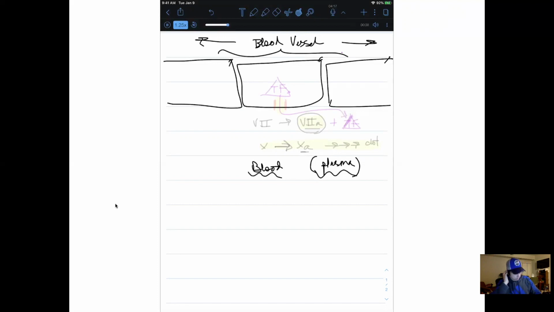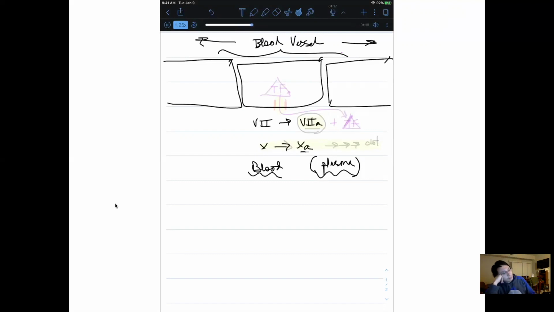So if I restate the initial question, we had 2 things we were looking at. 7, the zymogen form, having to be converted to 7A to be active. That's Dopey. And 10, the zymogen form, needing to be converted to 10A, the active form.